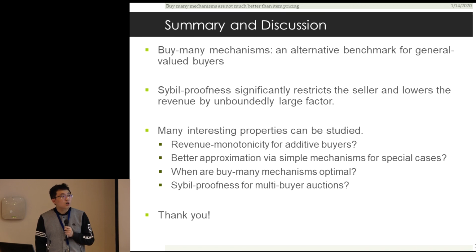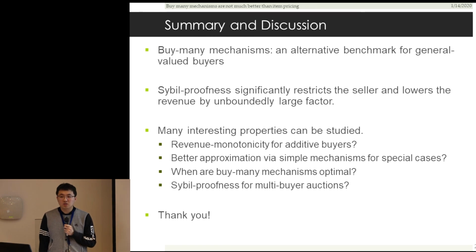Okay, so I would like to summarize my talk. We propose an alternate benchmark in the study of optimal mechanism design. And we prove that the bi-many mechanism gives significant restriction to the seller and lowers revenue by an unboundedly large factor. And it also has some good properties.